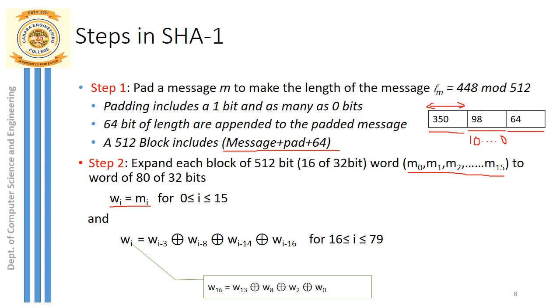For the remaining words, we use this particular formula, where Wi is equal to W(i-3) XOR W(i-8) XOR W(i-14) XOR W(i-16), where i goes from 16 to 79. So in total it becomes 80 words. For example, if we want to calculate the 16th word, then it will be the XOR of W13, W8, W2 and W0.